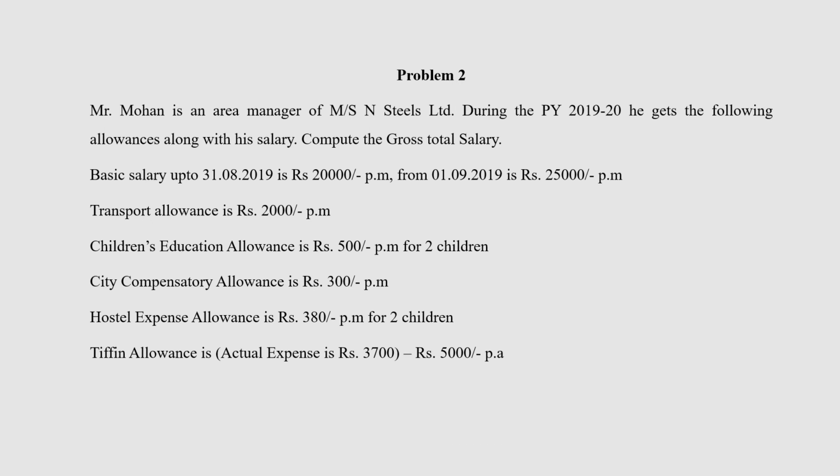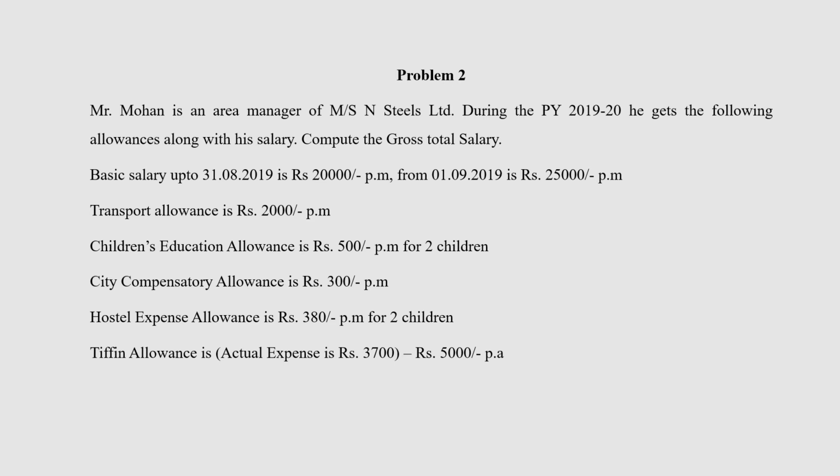Problem 2. Mr. Mohan is an area manager of Messrs. N Steel Limited. During the previous year 2019-20, he gets the following allowances along with his salary. Compute the gross total salary. Basic salary up to 31st of August 2019 is rupees 20,000 per month. From 1st of September 2019, it is 25,000 per month.